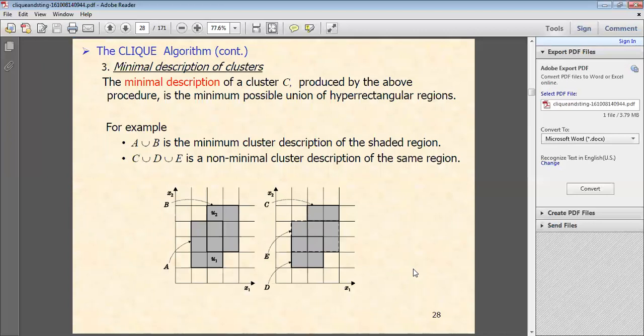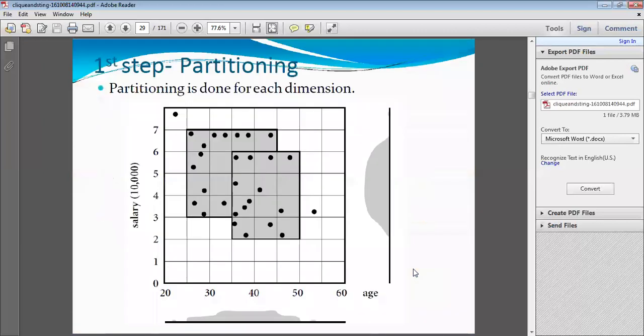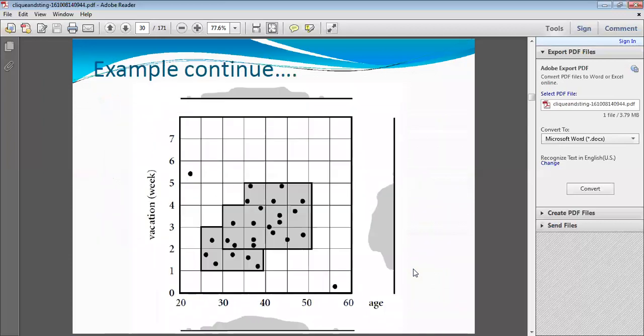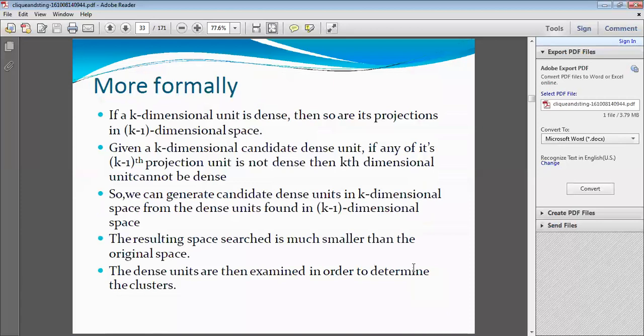After that, we should know about the minimal description of the cluster. But before that, the basic thing that we should know is that it also uses the Apriori property. The Apriori property says that if a k-dimensional unit is dense, then its projection in the (k-1)th dimensional space should also be dense.